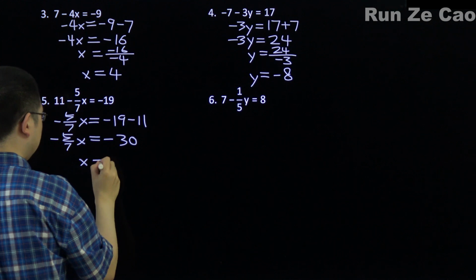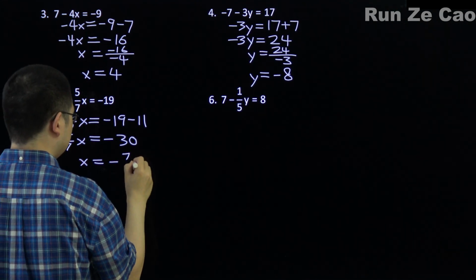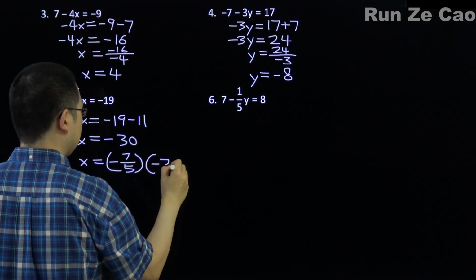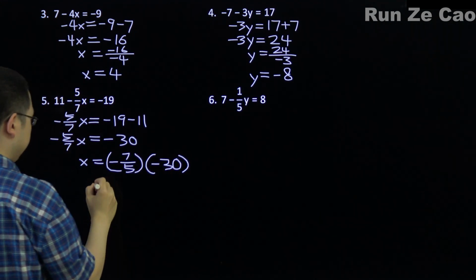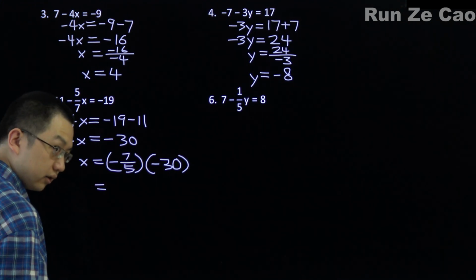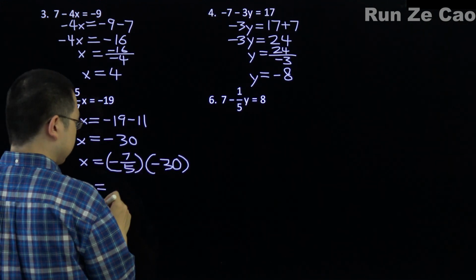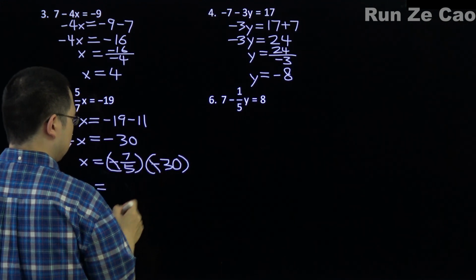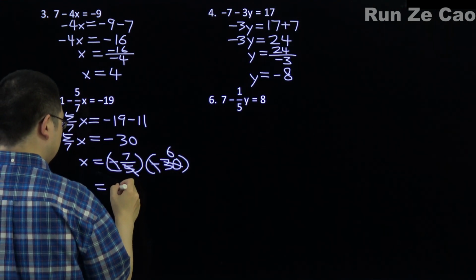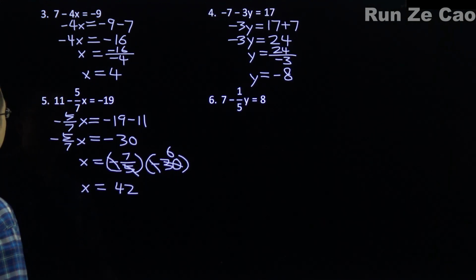And then you can multiply both sides by negative 7 over 5, times negative 30. On the left side, it just cancels out entirely. And the negatives cancel each other. And this cancels with this to give us a 6. So 7 times 6 is 42. X is equal to 42.